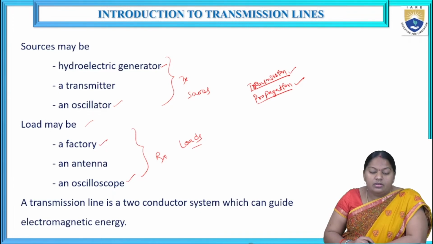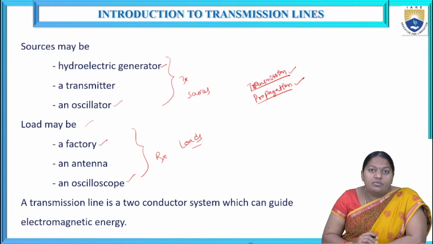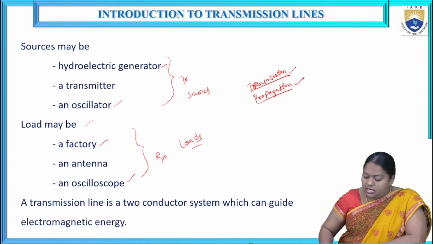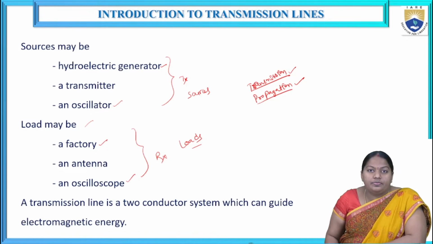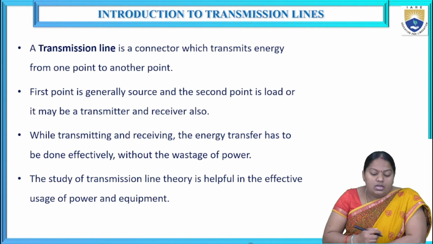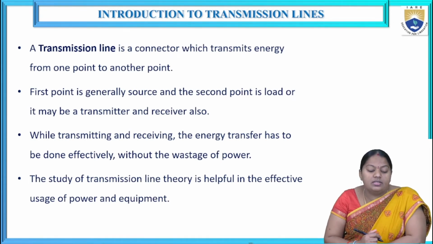There are different types of definitions we have seen. In a simple way, we can define the transmission line as a two conductor system which can guide electromagnetic energy. Another way: a transmission line is a connector which transmits energy from one point to another point.